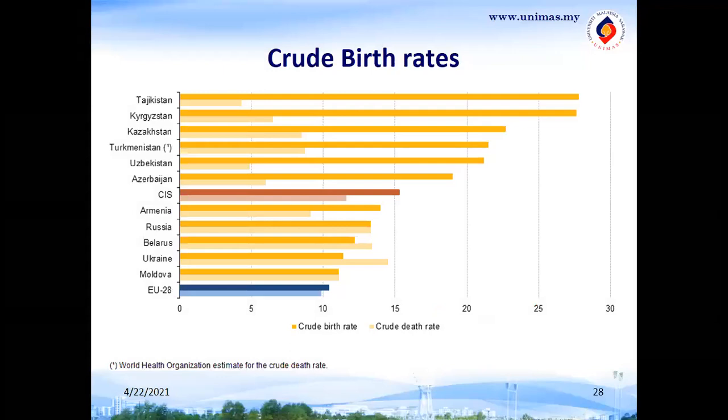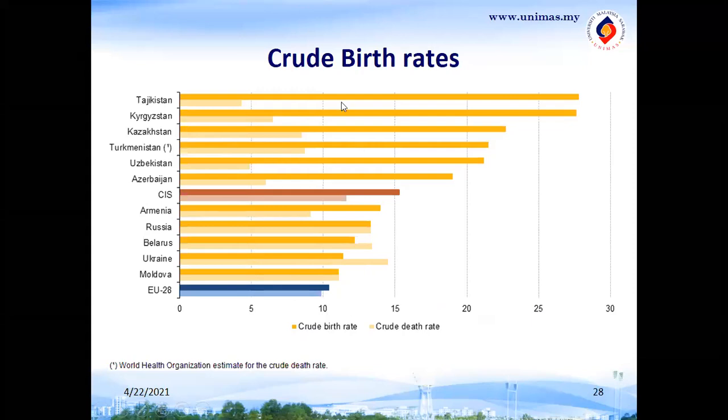Okay, so I just want to show you on this slide the comparison between countries. But kita ada dua benda sini lah, crude birth rate, which we haven't come to that yet. But I'm just showing you the darker color yellow ataupun almost orange color, itu merujuk kepada crude birth rate, ya.